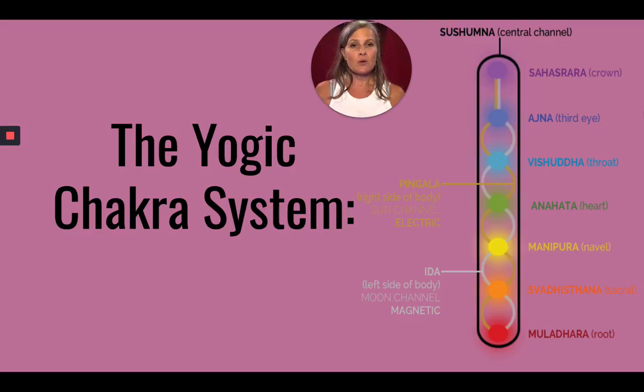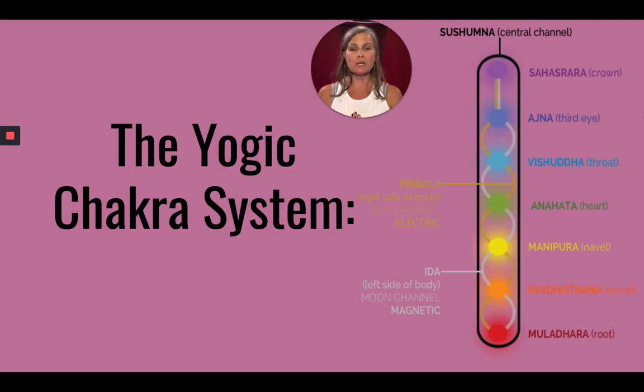All right, so again, what's the purpose? The purpose is to distribute prana. We want to irrigate the body, mind, spirit, the physical, emotional, energetic being that we are, with this life force.